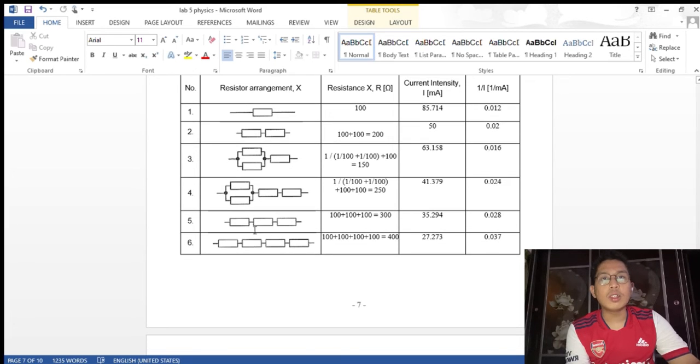And the next one, for the three series resistor arrangement, the total resistance is 300 ohm, the current intensity is 35.294 milliampere, and 1 over current intensity is 0.08. And for the last one, for the 4 series resistor arrangement, the total resistance is 400 ohm, the current intensity is 27.273 milliampere, and 1 over current intensity is 0.037 milliampere.